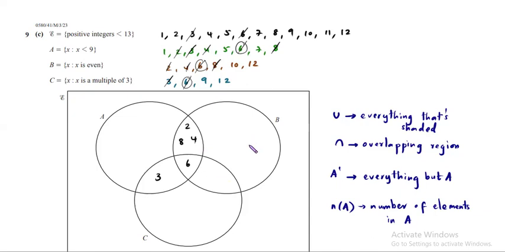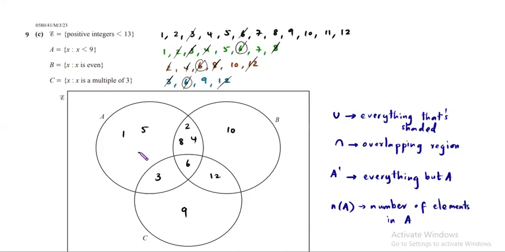Next, B and C both have 12 in common, so I need to put that 12 here. The rest we need to put in their respective circles. In circle C, we have 9 left. In circle B, we are left with 10. In circle A, we have 1, 5, and 7.